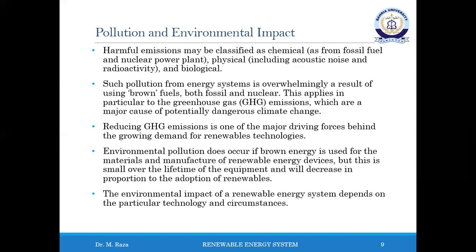Some renewables, especially wind power, do not interrupt the regular use of land for agriculture. In contrast, fossil fuel mining, especially of coal and uranium, has very negative impact upon the surrounding lands and in its use.